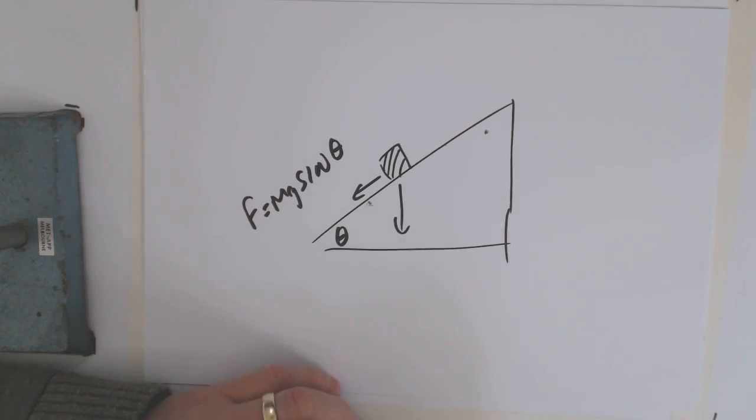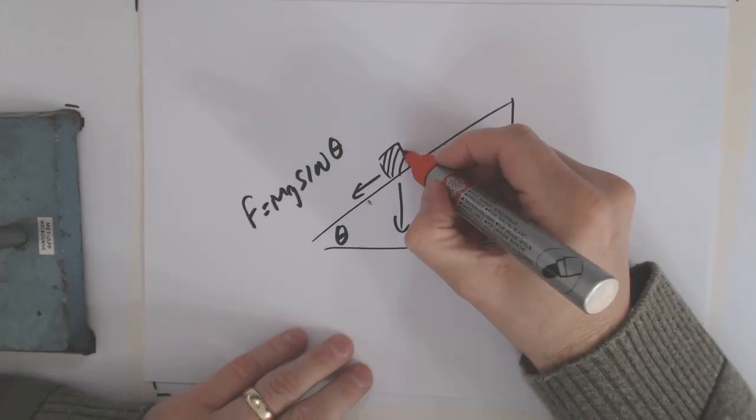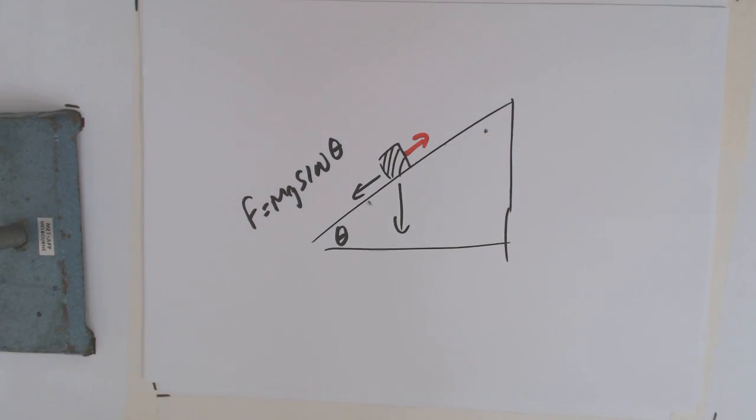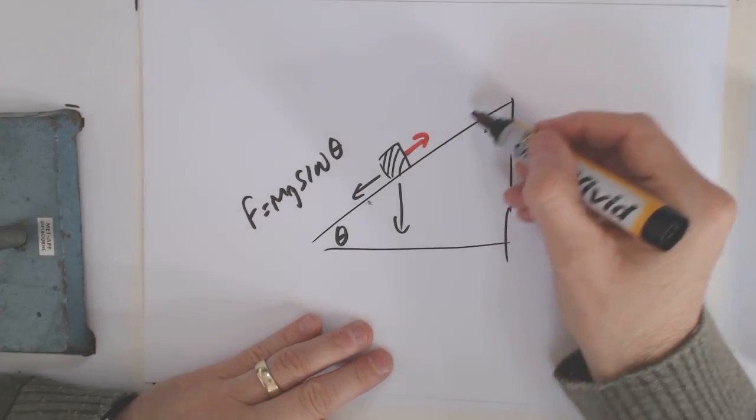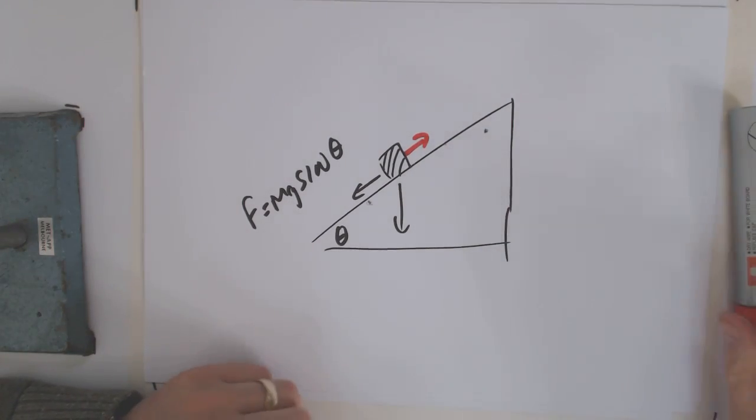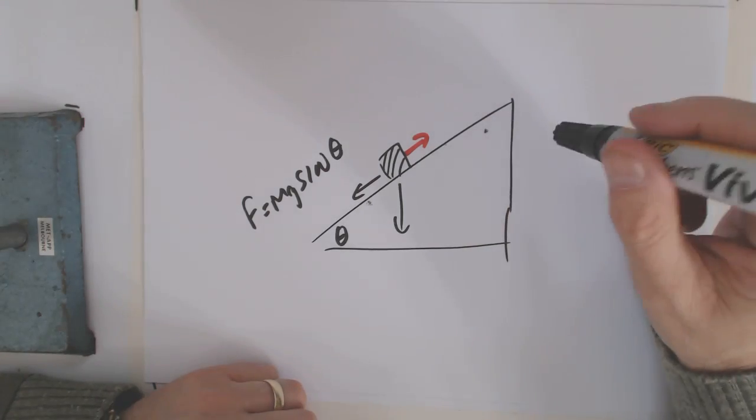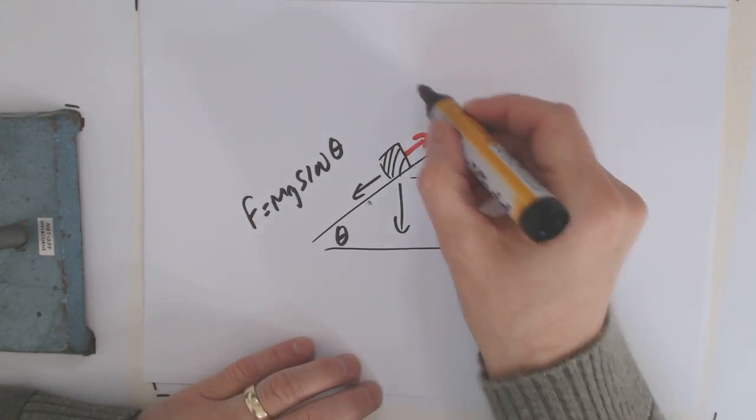So if I can apply a force in the opposite direction of mg sine theta, once I get it moving, it's going to go up the ramp at a constant speed because there's no net force, and it's going to change its height.